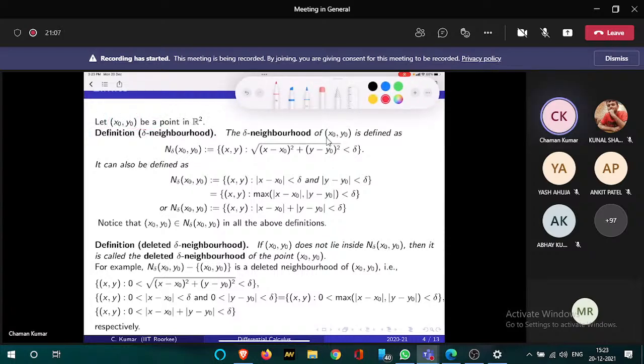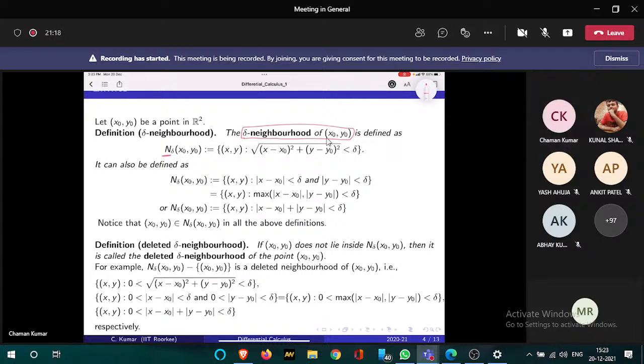The delta neighborhood of x naught, y naught is denoted by N, where capital N stands for neighborhood and delta stands for the delta neighborhood. So it is a neighborhood around the point x naught, y naught.